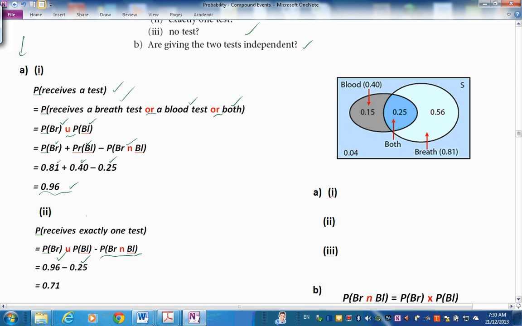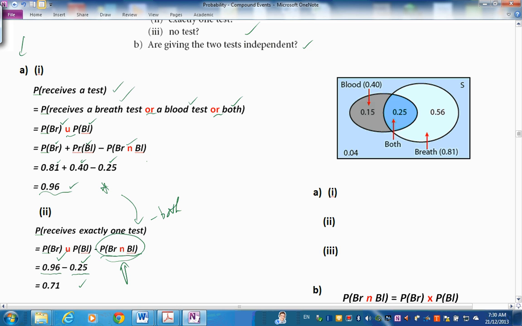Or you could just say the two separate ones, so it's 0.96 minus 0.25, so you're taking away the chance completely of having both tests. This is one or two or both, so take off the idea of both. There it is, we get 0.71.